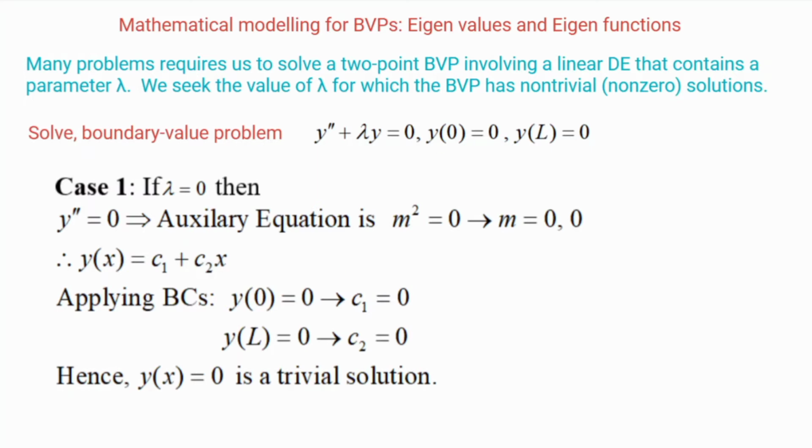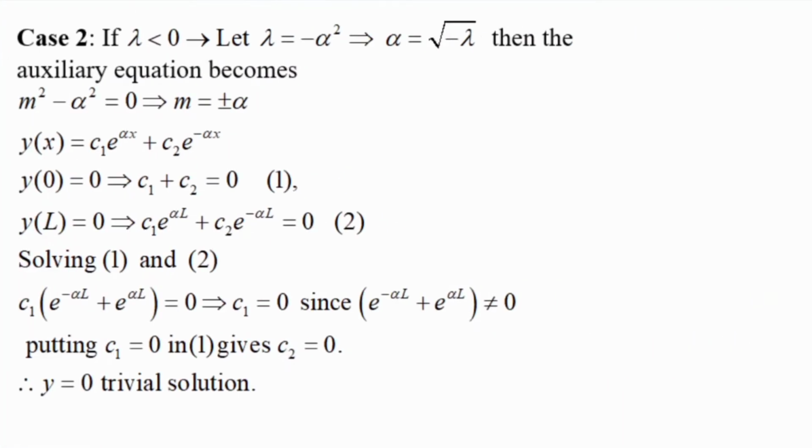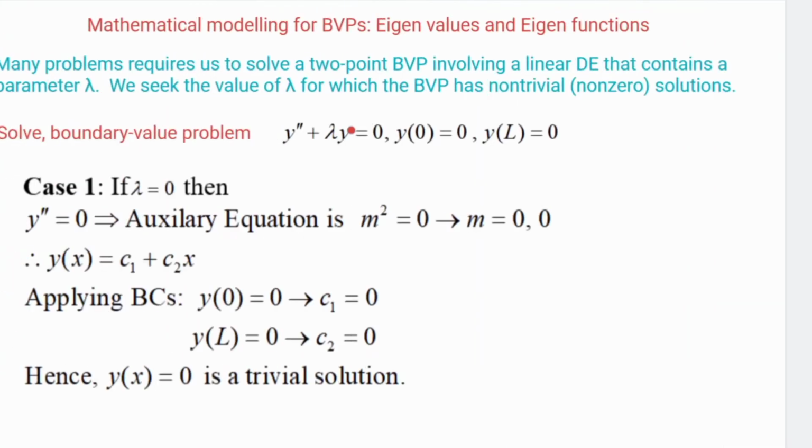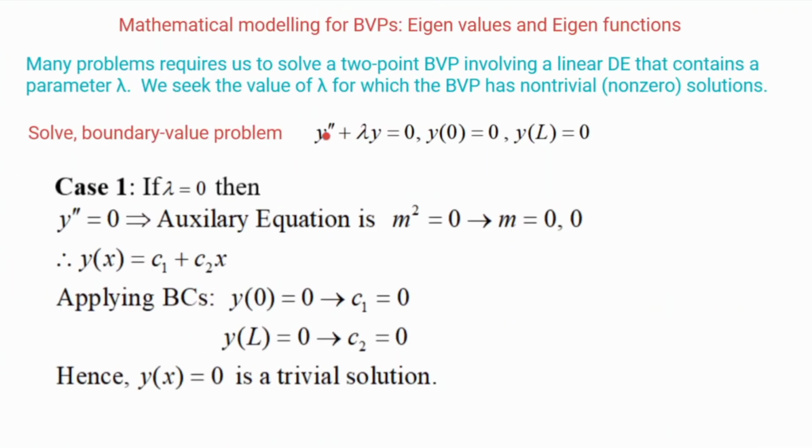Next we consider case number 2. In this case, lambda is less than 0, so we consider lambda equals minus alpha square. Whether alpha is positive or negative, we know that alpha square is always positive, so minus alpha square is always negative. So we put lambda equals minus alpha square in our given differential equation, y double prime minus alpha square y.